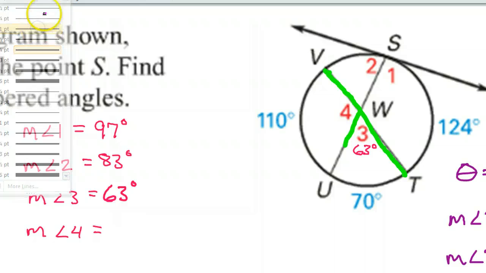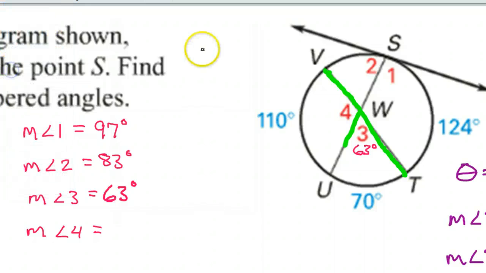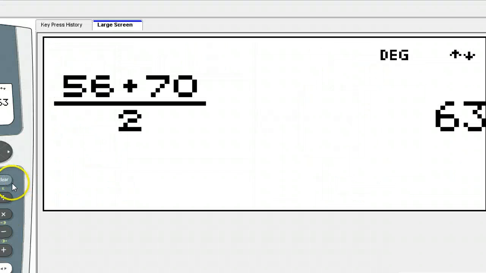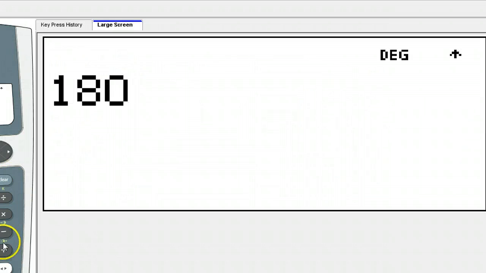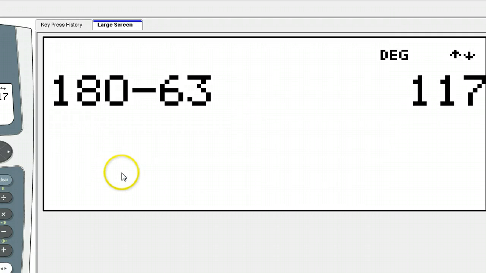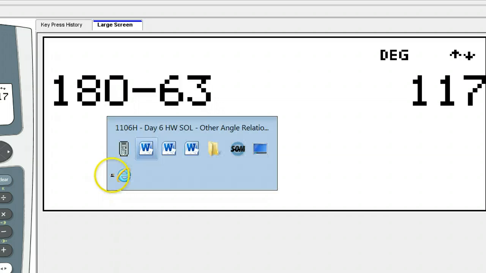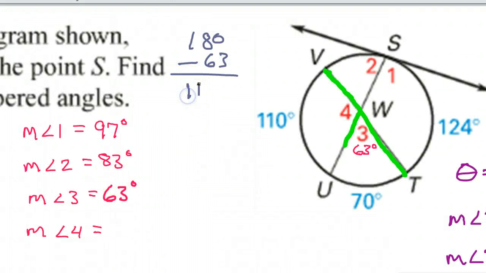What I'm trying to say is, if I do 180 degrees minus 63, that's 117. Whoops, messed up the 7.